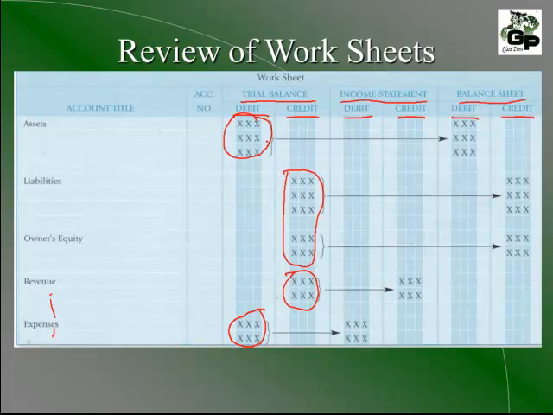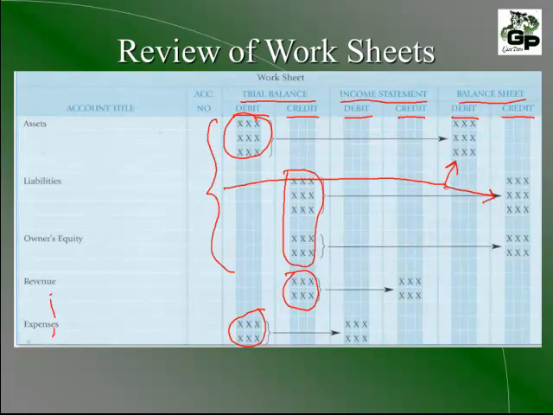Based on the information in the trial balance, we transfer these amounts to the appropriate financial statement. Assets, liabilities, and owner's equity all get transferred to the appropriate column in the balance sheet section.